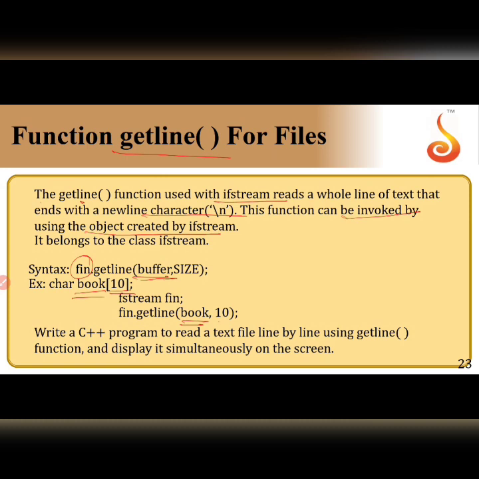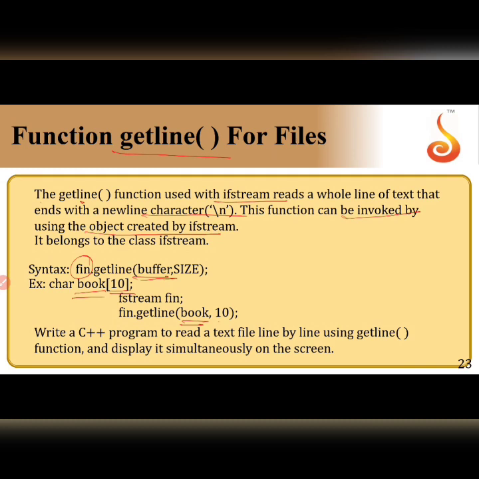Getting it? So when you are reading the name of a person, the entire name, like the first name, the middle name and the last name, you would like to give spaces in between. The first name space, the middle name space, the last name. So when you do that, if you read the name using cin, you will only read the first name, because after that you would have given a space.